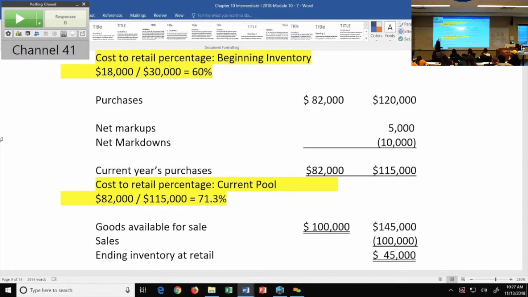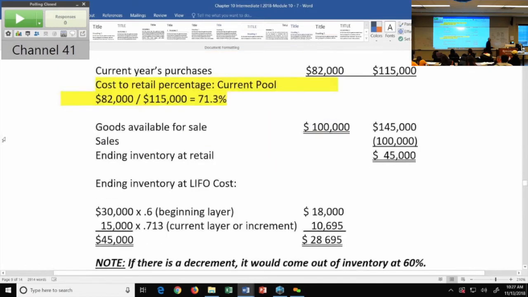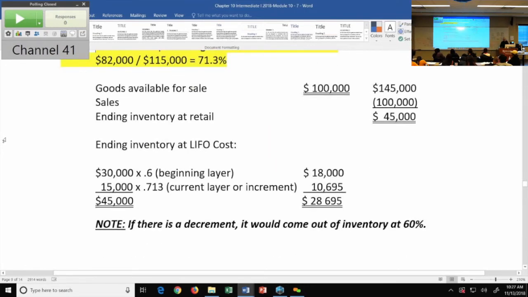So to put this up on the screen for you, you're going to see that the beginning layer, now that's obvious, you know, on the exam, you really have to show this, but you know that if you have 30,000 in retail, you're in that first layer.